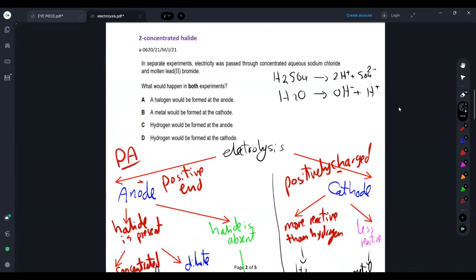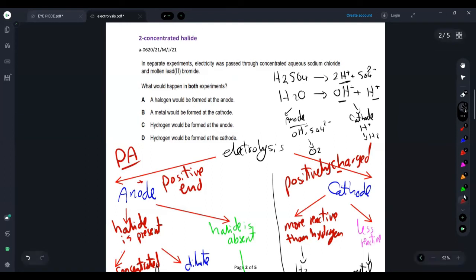Now, we need to go for anode and cathode. To the anode, the positive electrode, we can attract OH- and SO4 2-. To the cathode, the negative electrode, we can attract, of course, only hydrogen. So at the cathode, hydrogen evolves. Here we don't have halide, so automatically O2 will evolve.